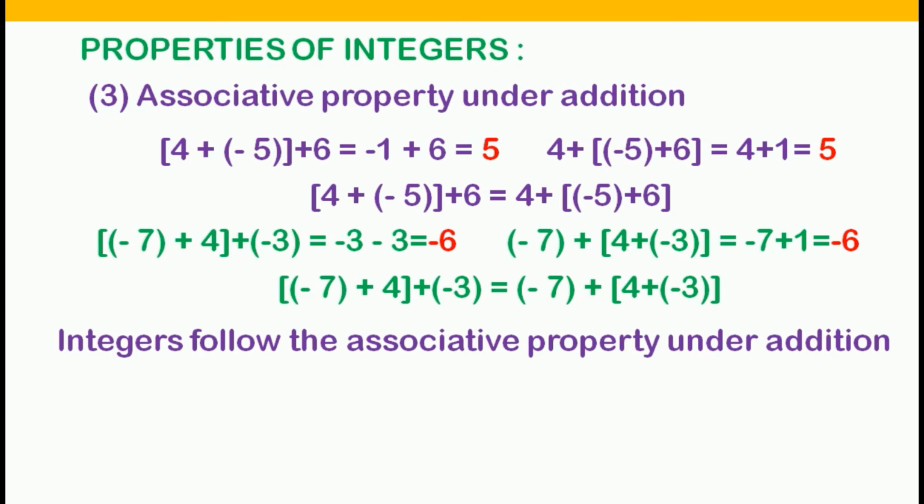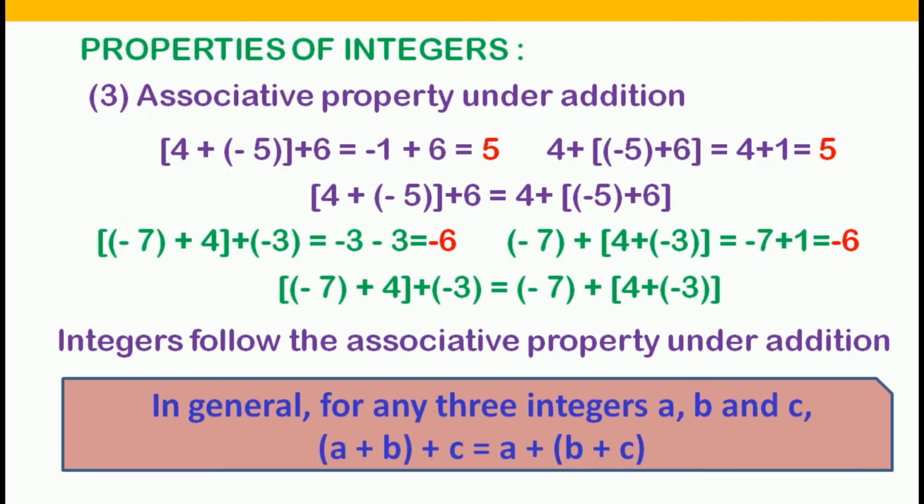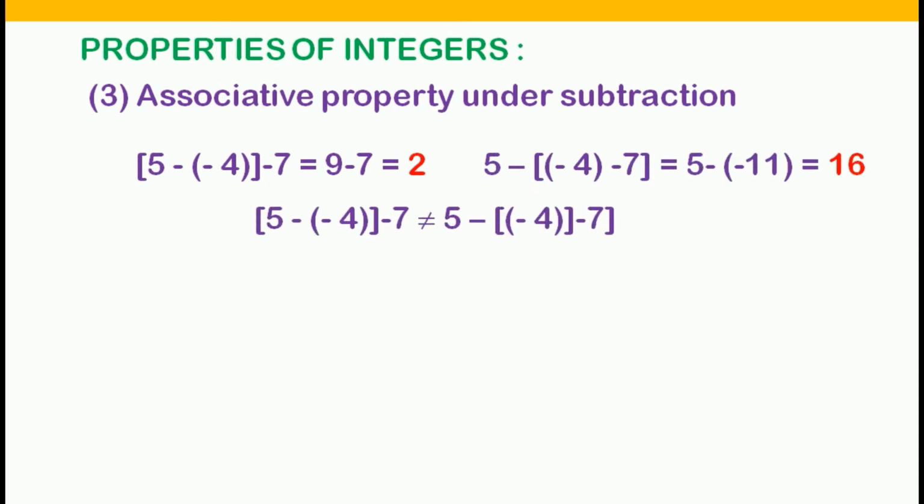Both results are same. So what we can say? In general, for any three integers a, b and c, a plus (b plus c) is equal to (a plus b) plus c. Associative property under subtraction.